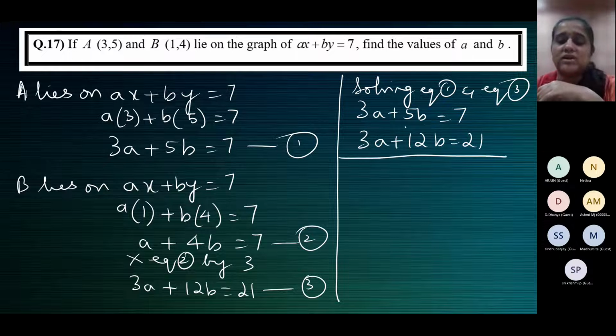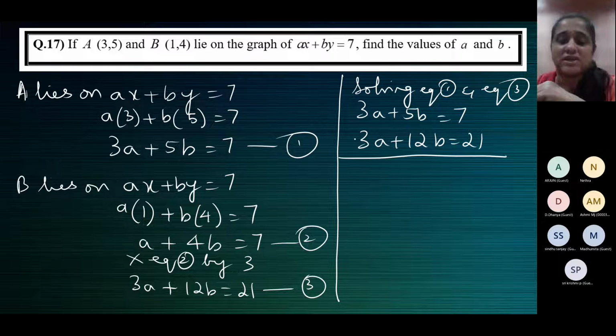Now you know that you can either add the two equations or subtract the two equations. To add the two equations, you should not change the signs. To subtract the two equations, you'll have to change the signs of the second equation. But if you add, you will get 3A plus 3A, 6A. You cannot cancel out 3A and 3A.